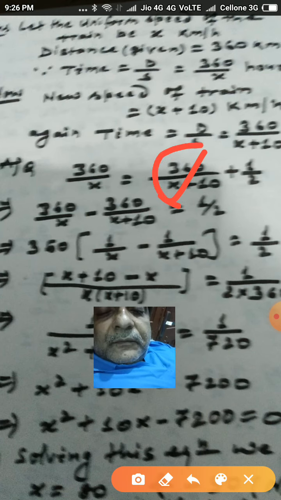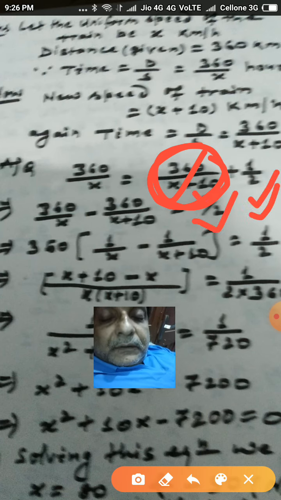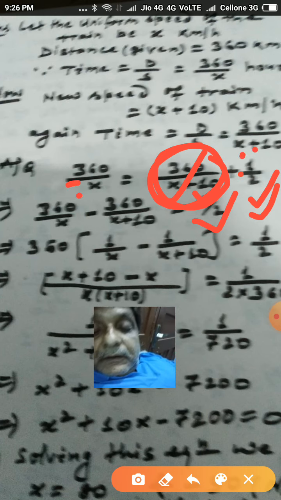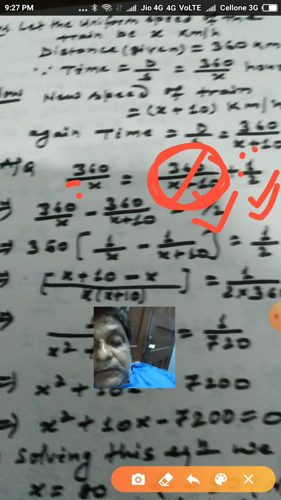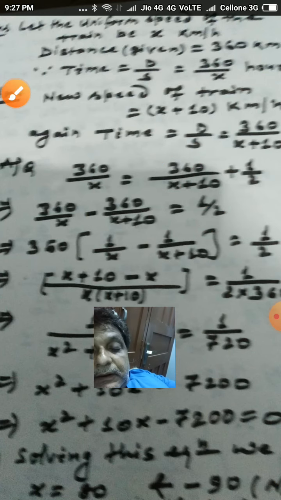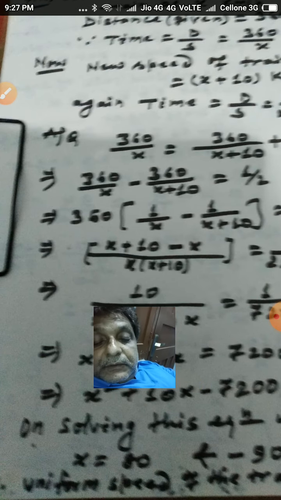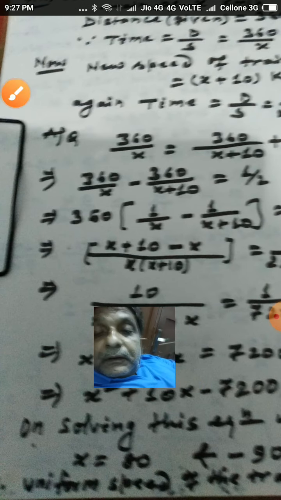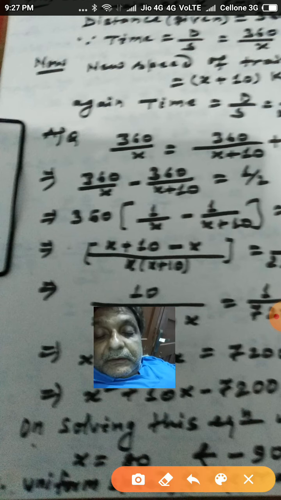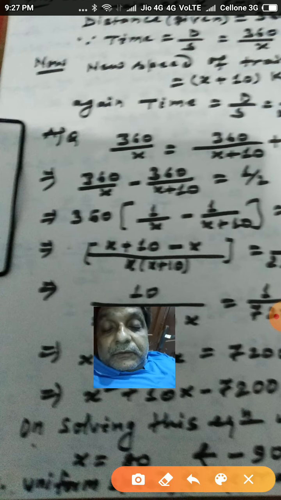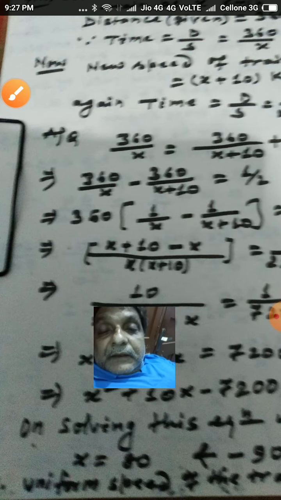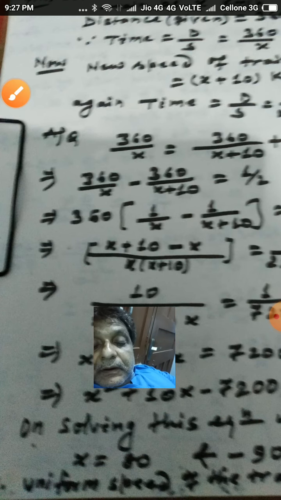So this time is 1 hour less actually. So to make them equal, we have added 1 hour here. Then these two times will be equal. And now simplifying, we finally get x equal to 80. So we have supposed x the uniform speed of the train. So we can say that the uniform speed of the train is 80 km per hour.